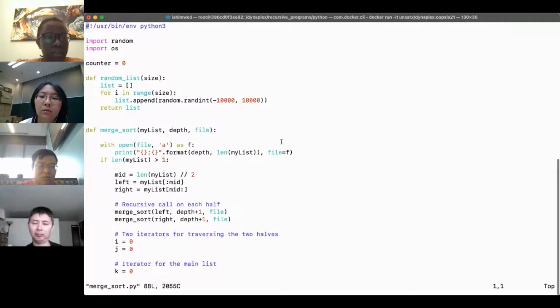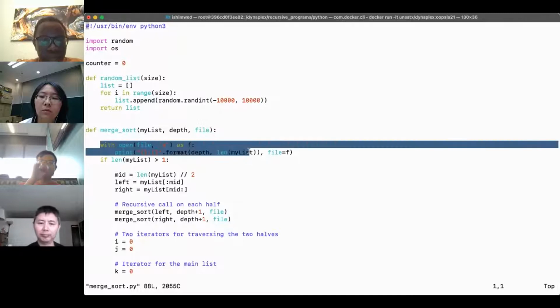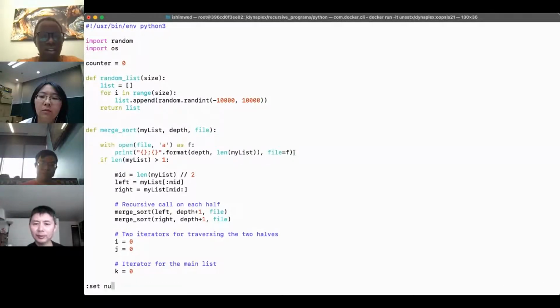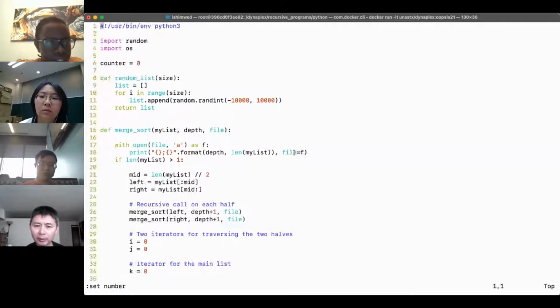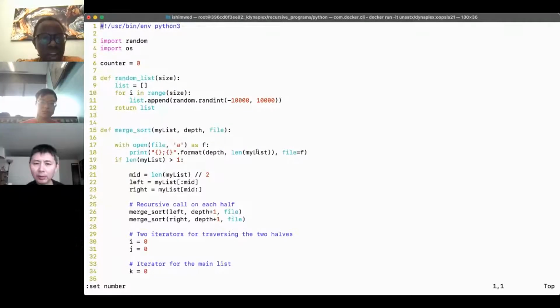As I said, we collect the depth and size of input. So line 17, the function entry, we collect the size and depth of recursion.